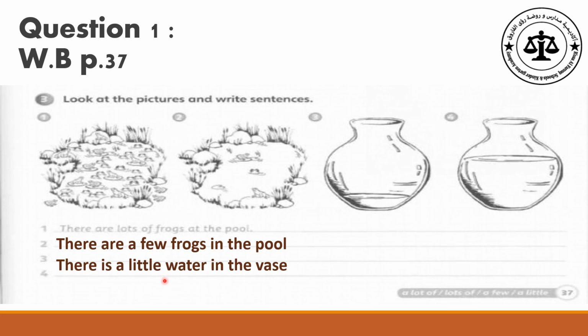There is a little water in the vase. And the last picture, this is number 4, we have a large amount of water, so we use lots of or a lot of. There is a lot of or lots of water in the vase, and water is singular because it's an uncountable noun.